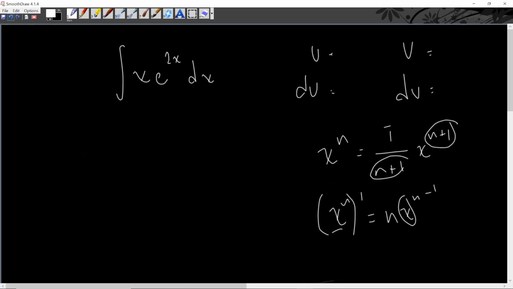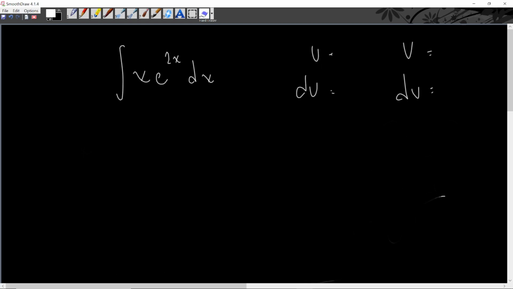From here, the opposite of n minus 1 is going to be n plus 1. It's going to be opposite operations, and division is obviously the inverse operation of multiplication. So that's going to be the antiderivative of x to the power of n.